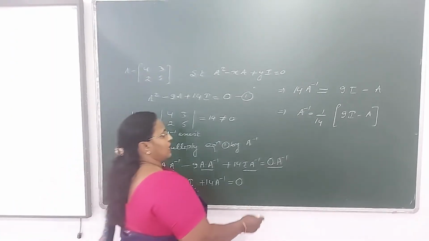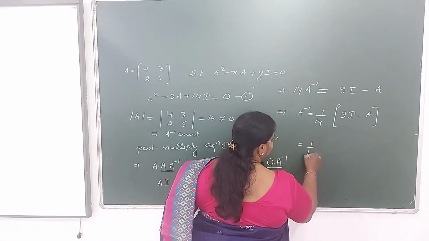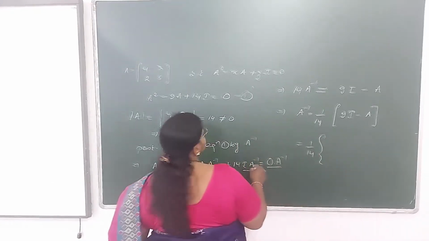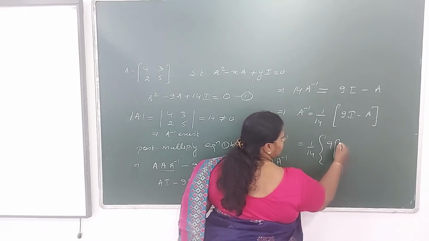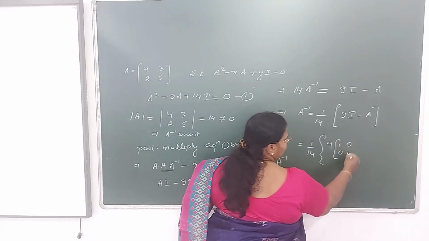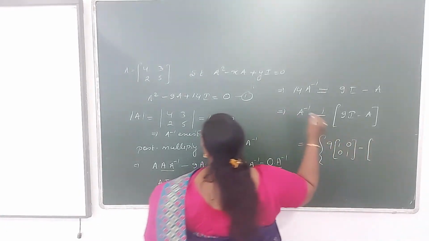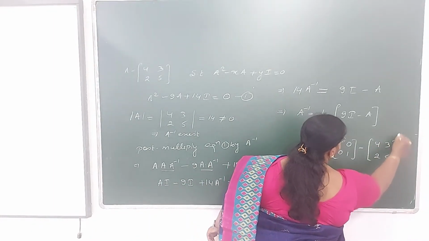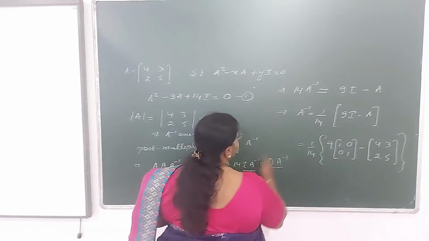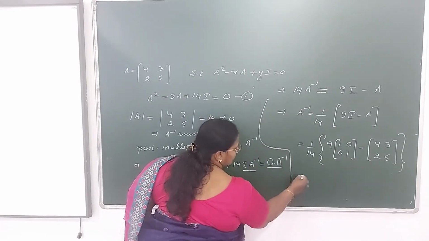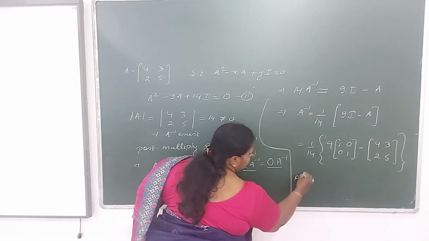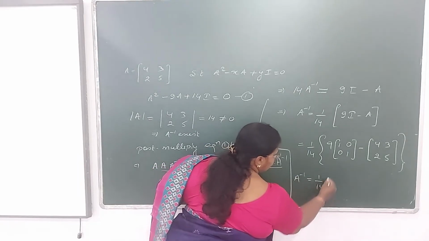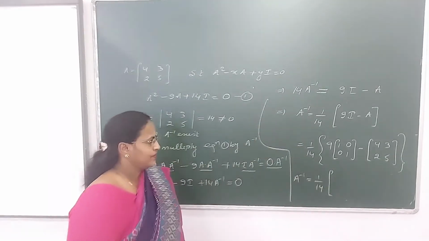Now it's quite simple. Substitute the value. So 9 times I, so it's 9 times [1, 0; 0, 1], minus A. What's A? A is [4, 3; 2, 5]. Now calculate it and write down the answer. So A inverse will be 1 by 14 times, let us calculate it directly.